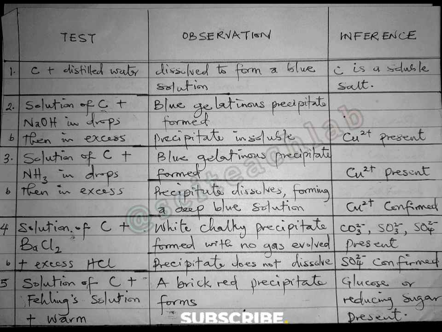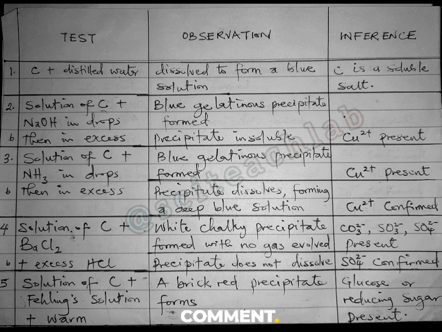So you take another test tube and put in some amount of C that you prepared. Now you add Fehling's solution to it. Fehling's solution has to be prepared.